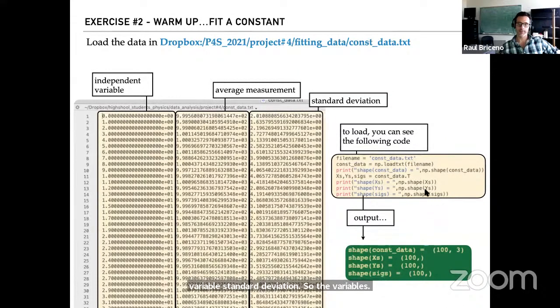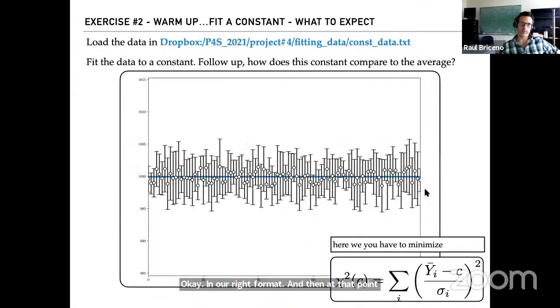And then at that point, you can put that through your chi-squared, do the same types of tricks like subtractions, raising arrays to powers, summing using the numpy sum functions, all those things you can do with arrays. So it's very powerful.